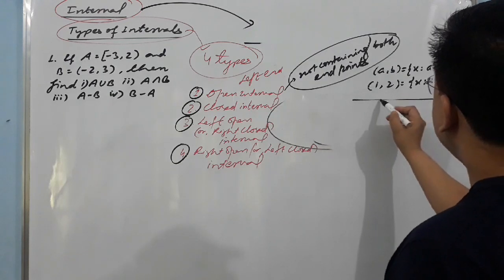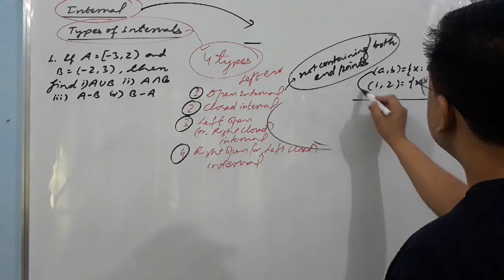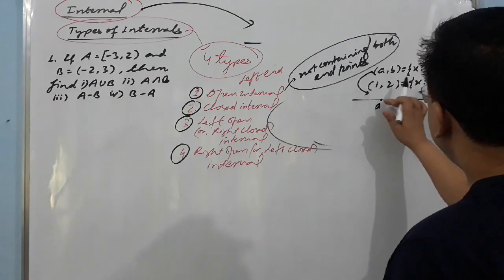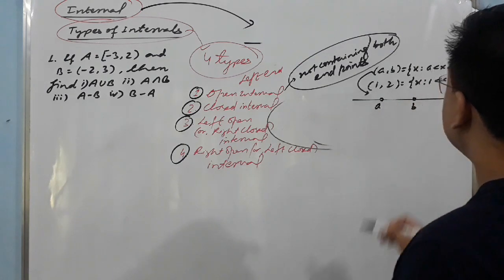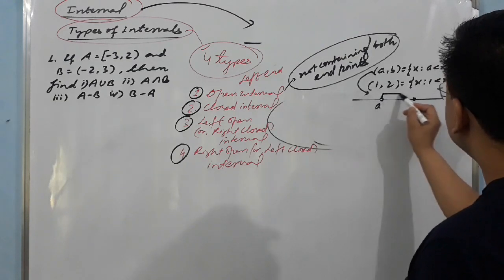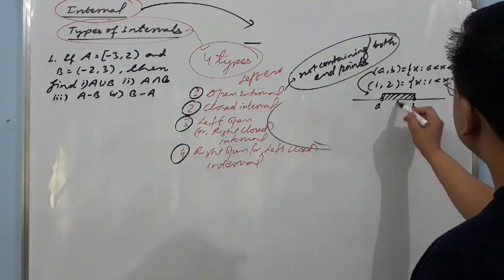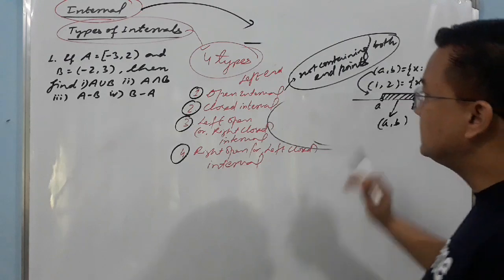Let's suppose a is the left hand point, and I'm going to show this on a real number line, a and b here. We make an open circle, a hollow circle, an empty circle here, and this diagram on the real line represents your open interval (a, b).